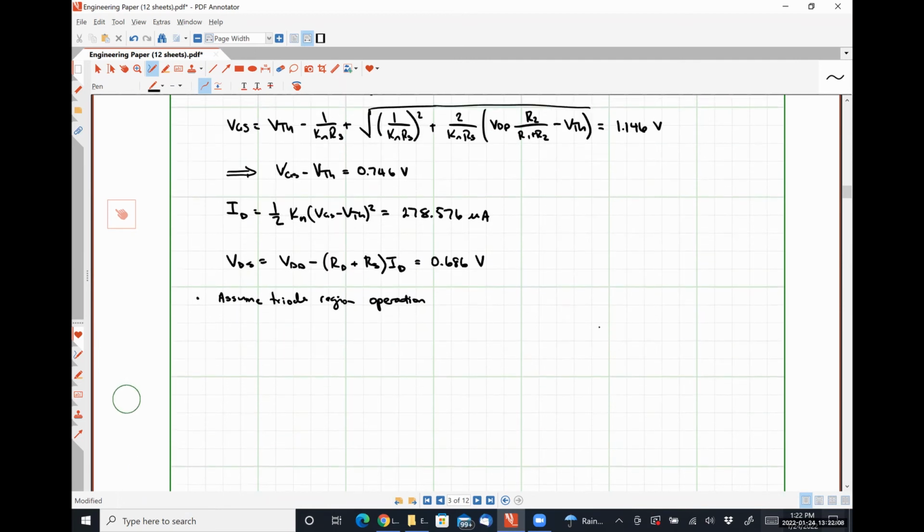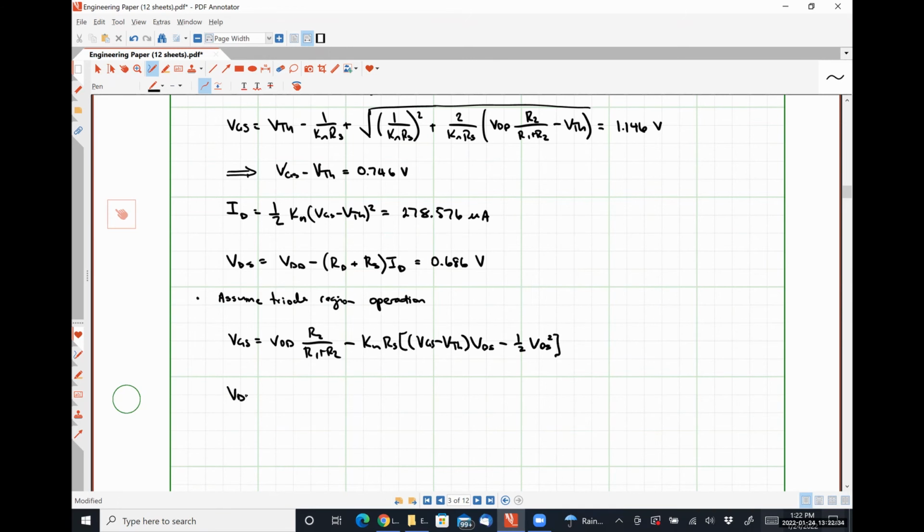So our first equation, VGS is VDD times R2 over R1 plus R2 minus KN RS times (VGS minus VTH) VDS minus 1/2 VDS squared.